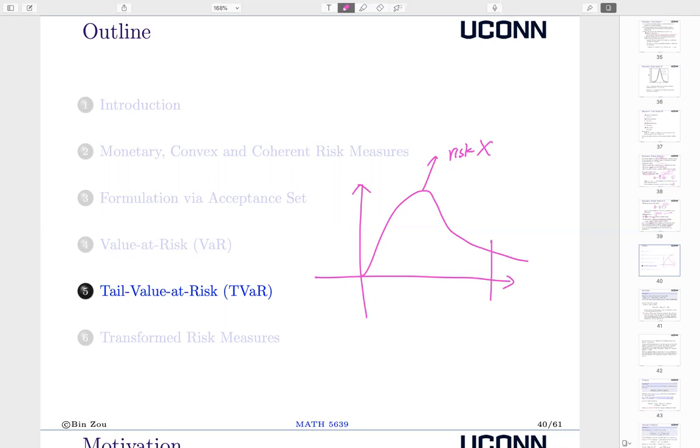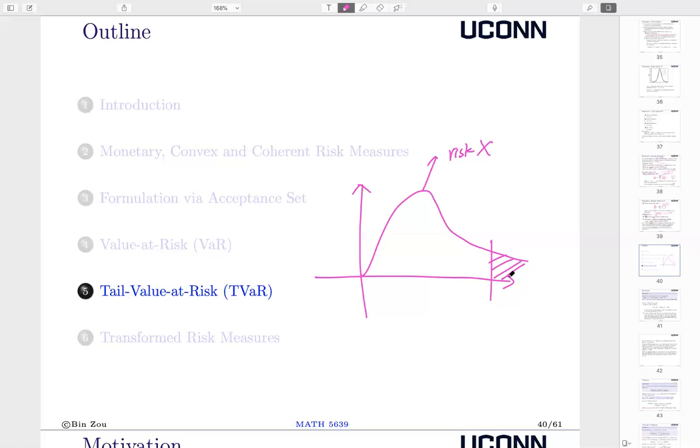On the left-hand side, the size of the loss is somehow manageable to the company. Let's say not big enough to make the company run into any cash issues. But on the right-hand side of this cutting line, the size of the loss is very, very significant and could cause some financial distress to the company.